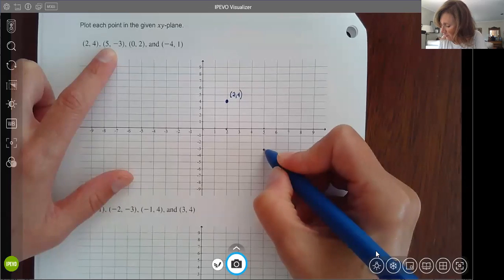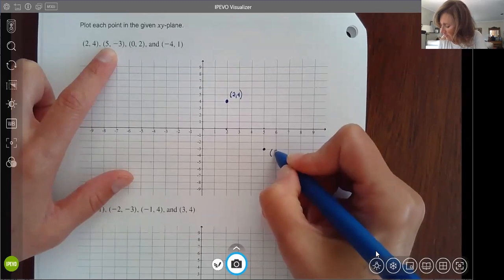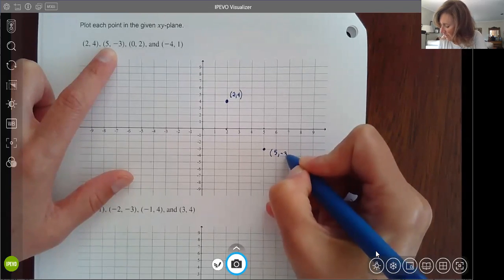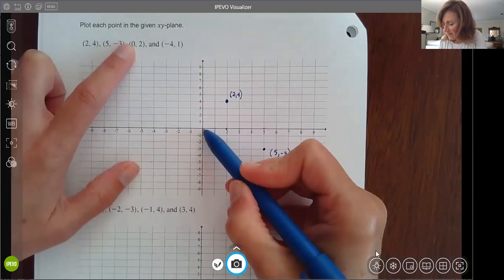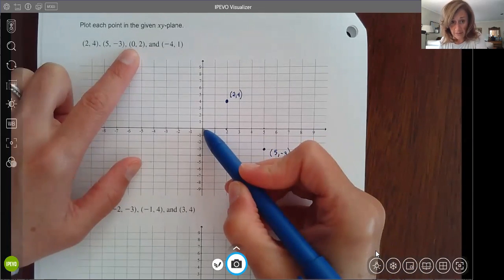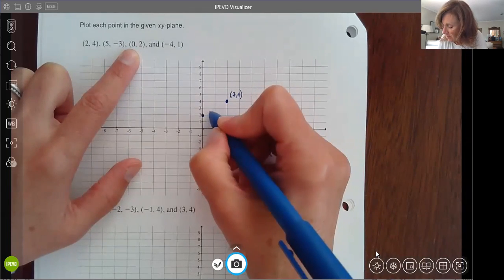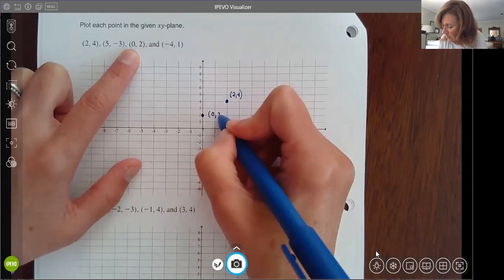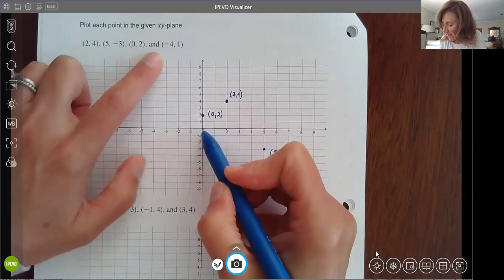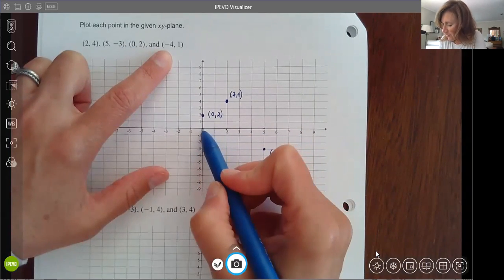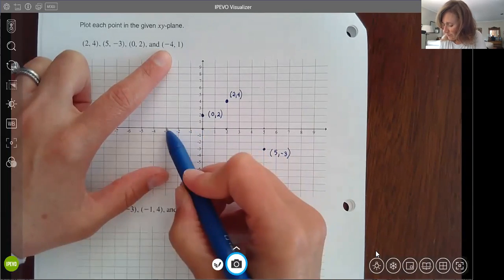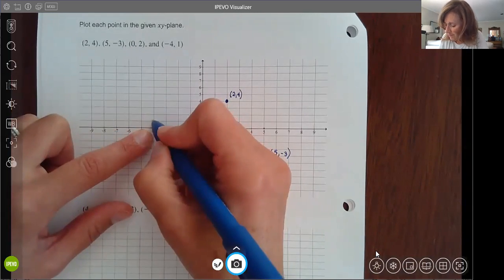You always go left or right first. So this would be 5, -3. This says don't go left or right, but then you go up 2. So there's 0, 2. This says go to the left 4 and then up 1.